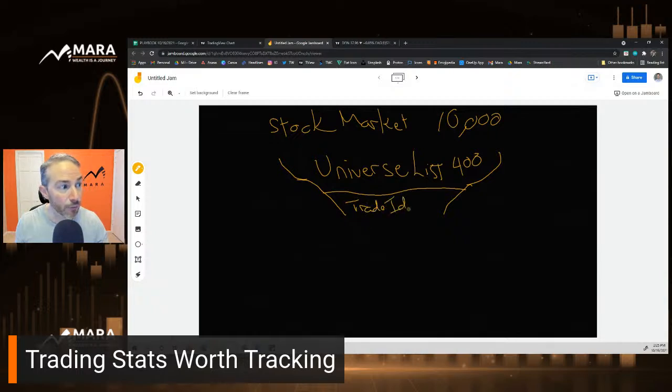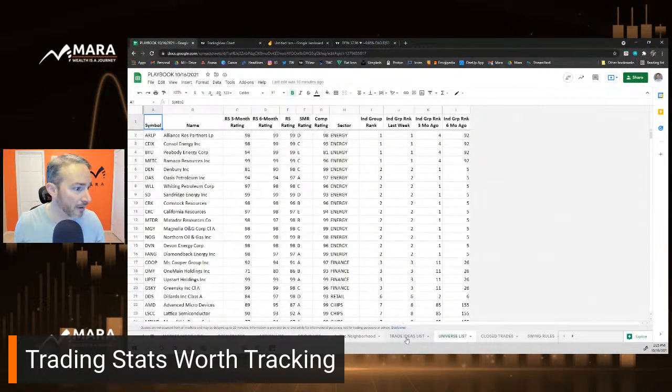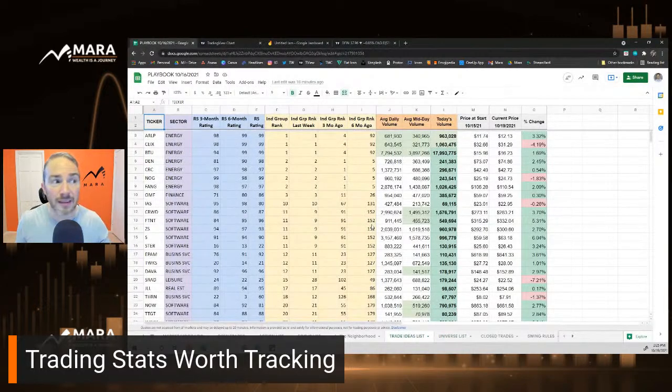And this week, there happened to be about 80 stocks setting up in actionable patterns or getting ready to set up in actionable patterns. So that's what this list is. It's all the ideas that are setting up in some way, moving sideways, in some kind of a basing pattern.